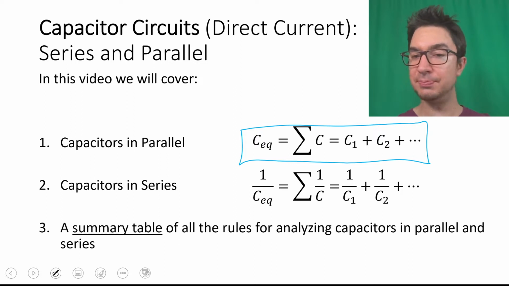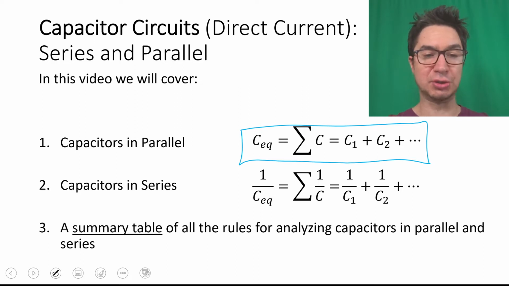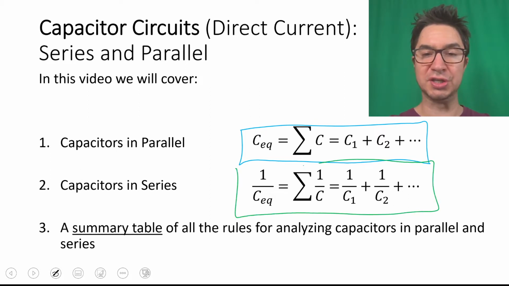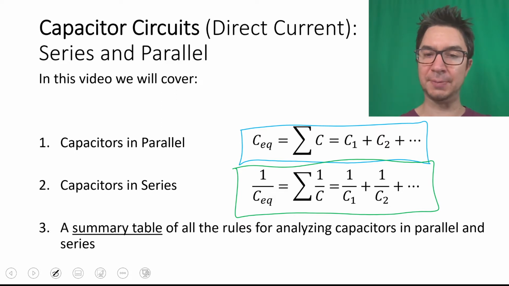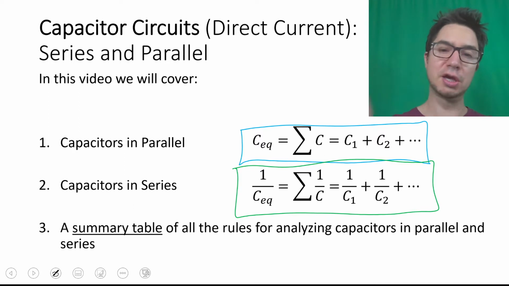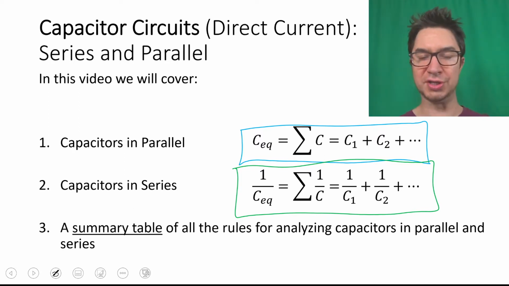And you might notice that this looks a lot like the pattern that we had for resistors in series, whereas capacitors in series follow the pattern that we saw for resistors in parallel. So we do see here a flip-flopping of the structure of the equation for equivalent capacitance compared to equivalent resistance in series and parallel.